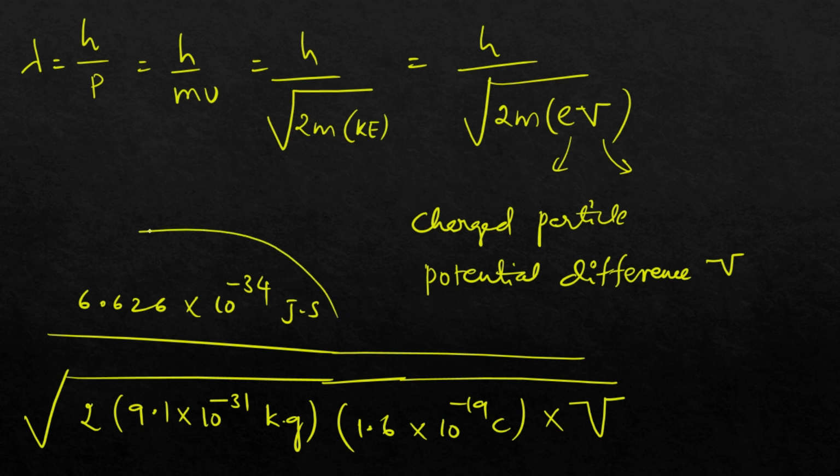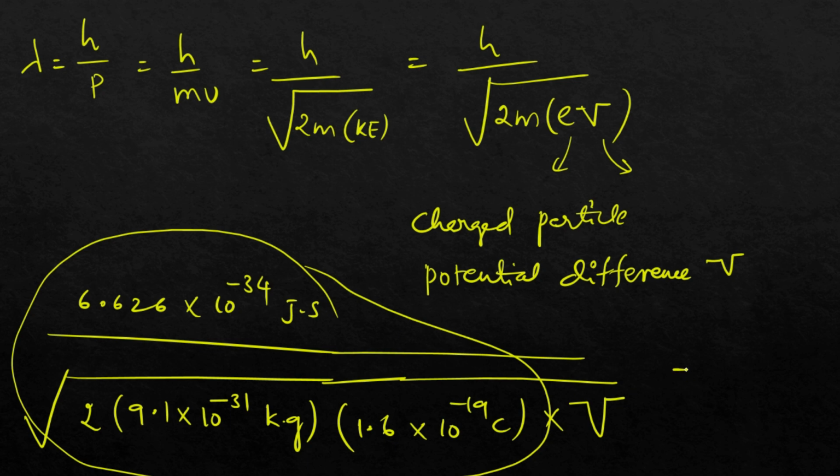After doing the calculation, you will get square root of 150 by V, where V is the potential difference. That will be the lambda.